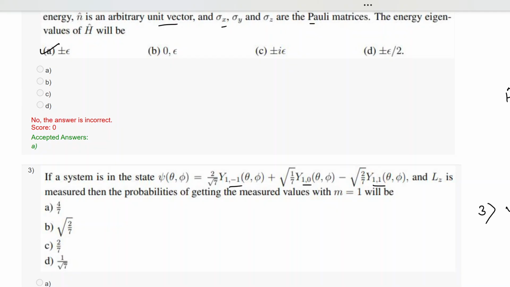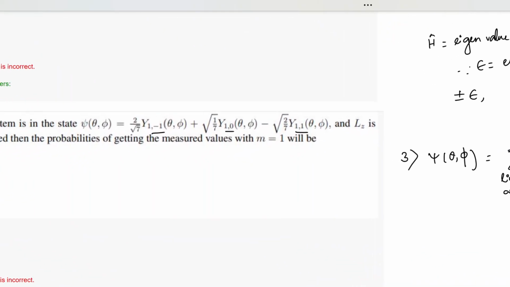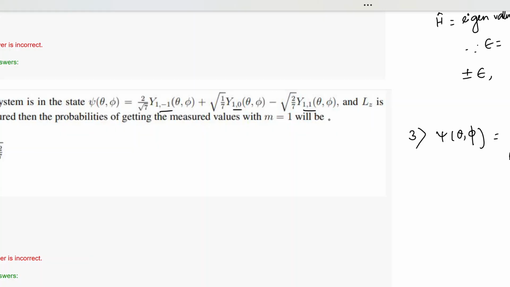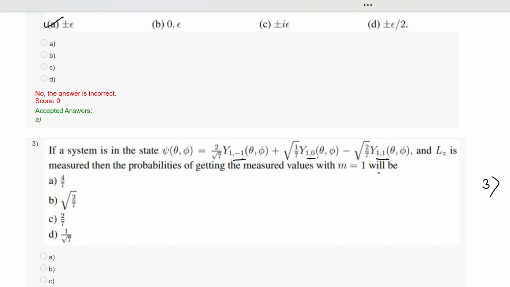These Y_lm are the eigenbasis in which psi is written down, and lm changes for the three different terms. For the first term l equal to 1, m equal to minus 1; then l equal to 1, m equal to 0; and here l equal to 1, m equal to 1. But you have been asked to find the probability for m equal to 1.